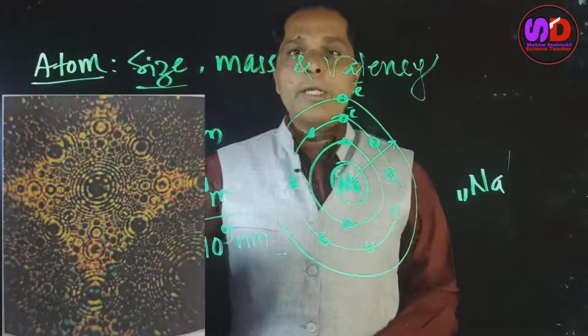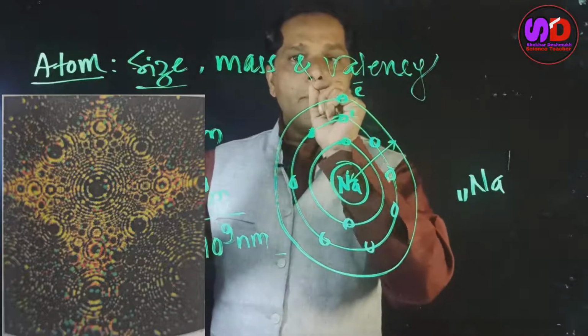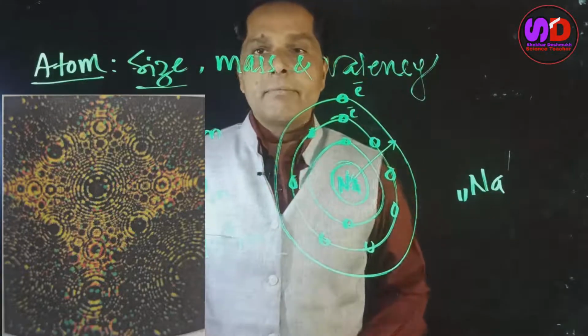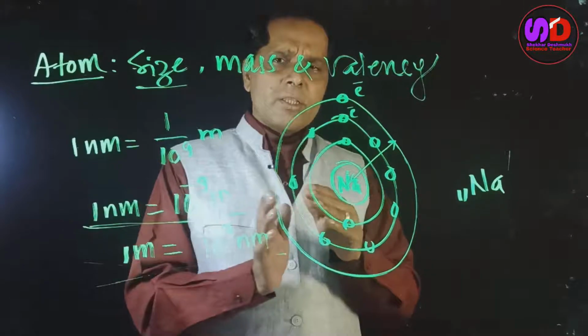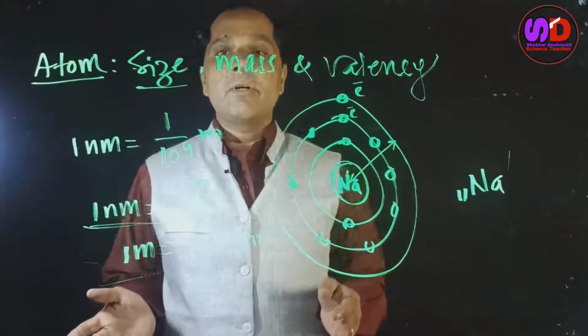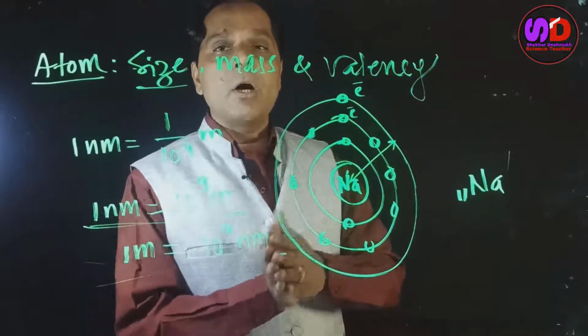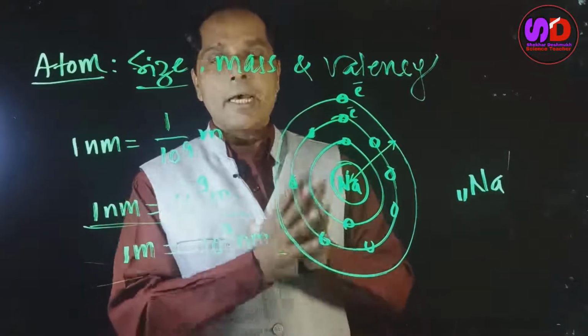The diagram is shown here. Every spot in that diagram is nothing but an atom. The atom is so small that we cannot even see it without an electron microscope or field ion microscope.